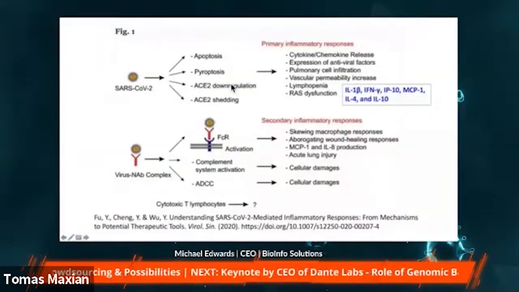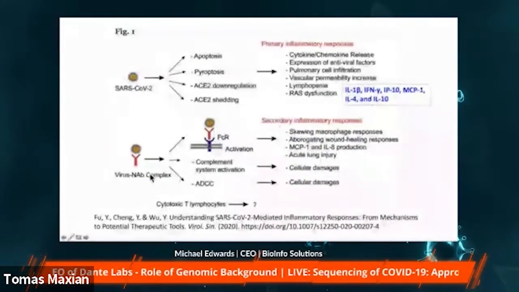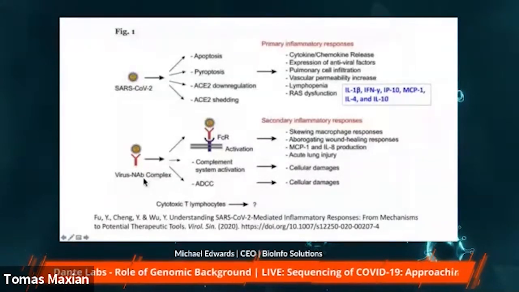Most patients can tolerate primary inflammatory responses at the stage of infection with a positive outcome of viral load reduction or even viral clearance, followed by a receding of inflammation. Secondary inflammation responses begin with the generation of adaptive immunity and the appearance of neutralizing antibodies that further diminish viral replication.